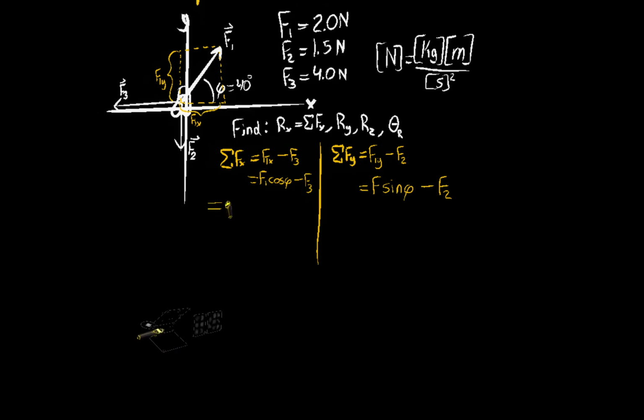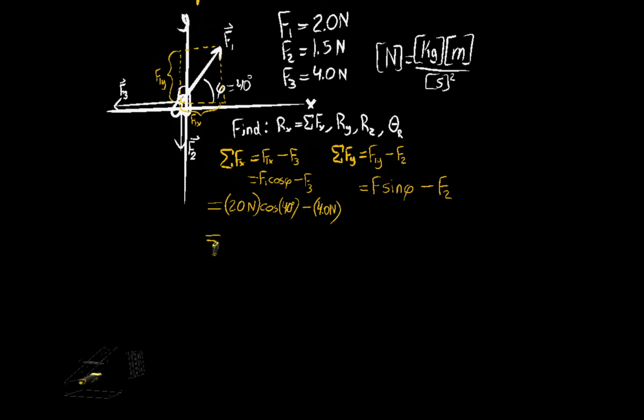So f1 magnitude is 2 newtons times cosine of, what was it, 40 degrees, I think? Yes. Minus f3 is 4 newtons.